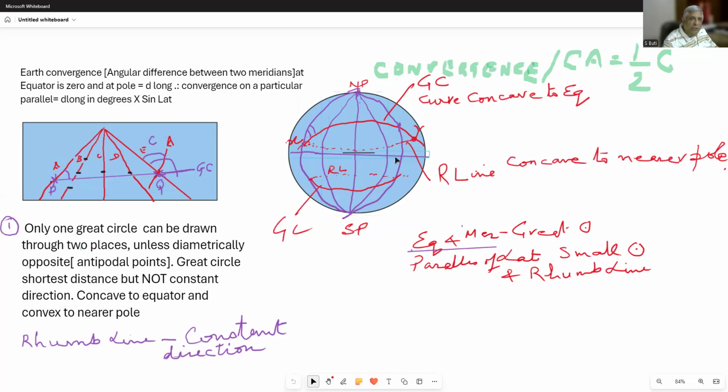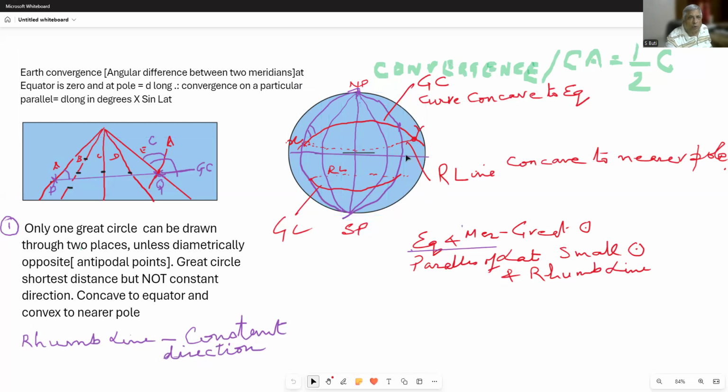For latitude, the readings are taken from the equator, north or south in degrees and minutes. And for longitudes, we take readings horizontally and in degrees and minutes up to 180 east or 180 west, which is the anti-meridian of the Greenwich meridian.